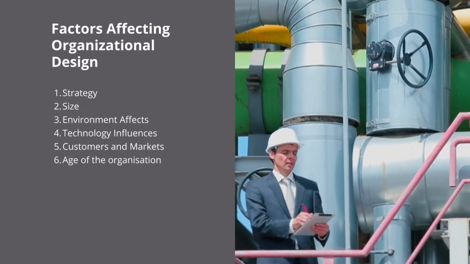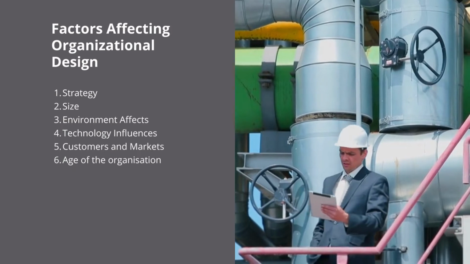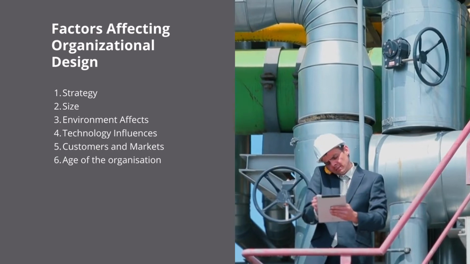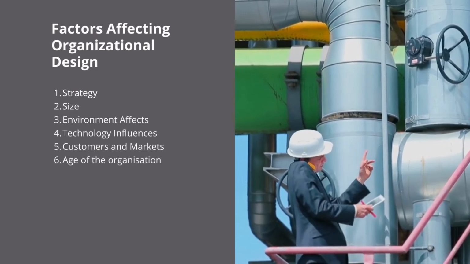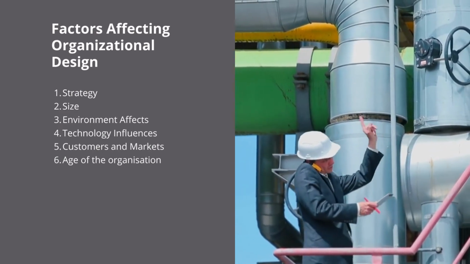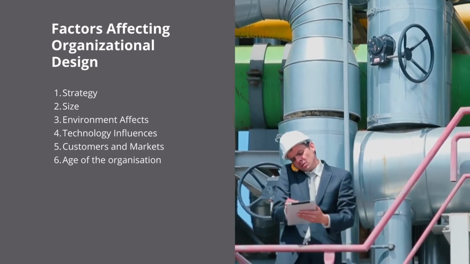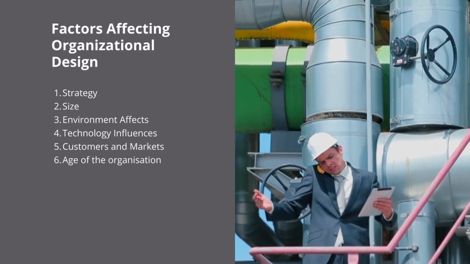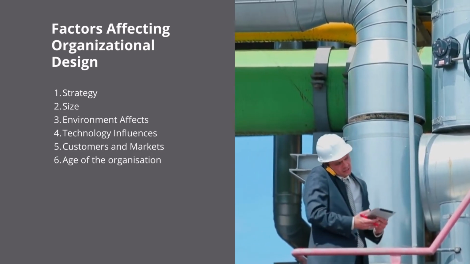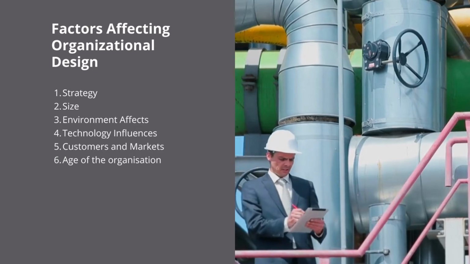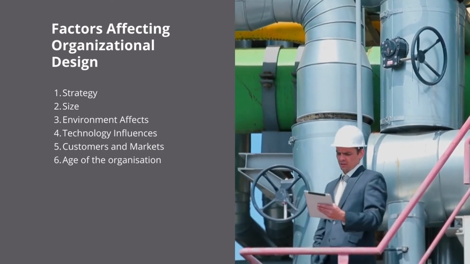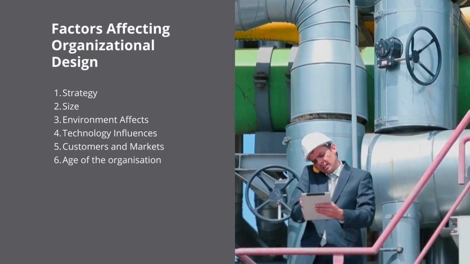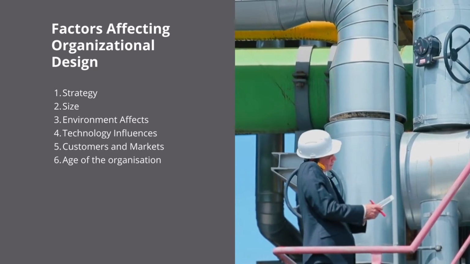Number six, age of the organization. The organic structural characteristics that encourage flexibility and responsiveness are made possible by a company's small size at the beginning of its existence. As a company ages and expands, it begins to mechanize, adding rules, procedures, and policies, precisely defined tasks, an extensive internal system of control, and a chain of command.